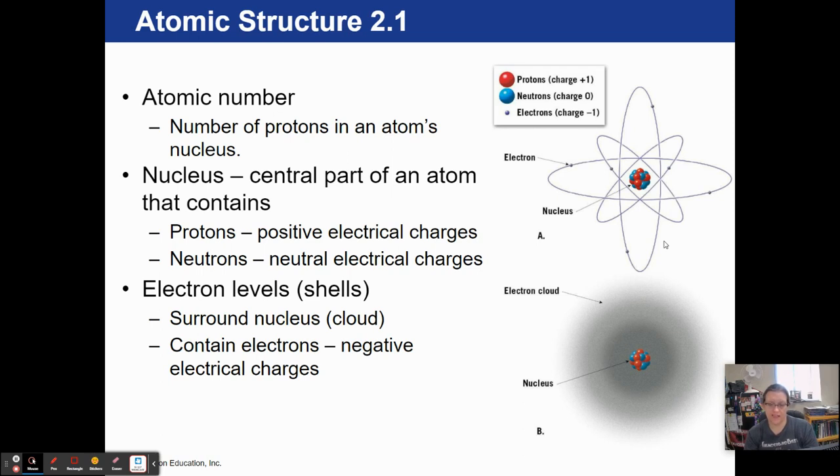The cloud gives it more of a less organized kind of image, like it could go anywhere on the outside, but really they have levels, so more like clouds in the shape of a shell, or a very open orbit. Like it's going to be the same distance away at any given time, but it could be anywhere. It's not going to just stay going this way.